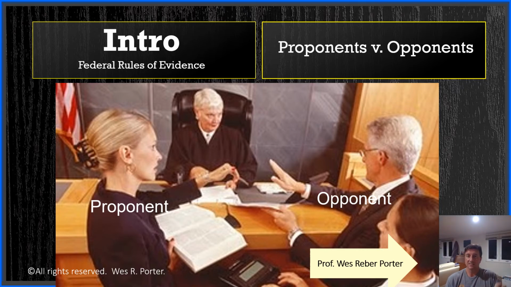So the dance is objection and basis in open court. Usually at sidebar, the proponent's going to respond and say why this objection should be overruled, why the evidence should be allowed to proceed. The opponent's also going to have an opportunity to explain. Usually it goes opponent, then proponent, and then back to the opponent to say, I said objection, hearsay, and here's why I think that it violates the rule of hearsay. Here's why it violates Article 8, or no exception applies under the hearsay rules that we'll talk about in different videos.